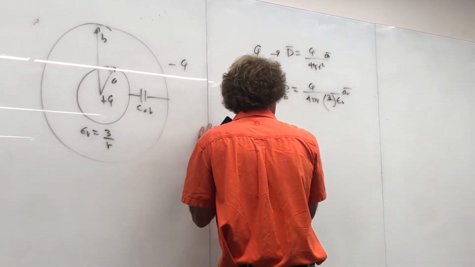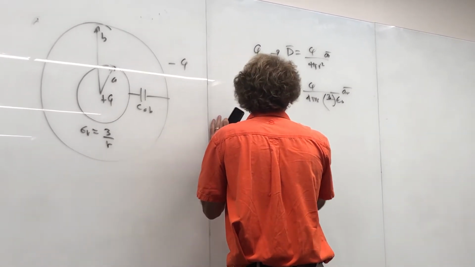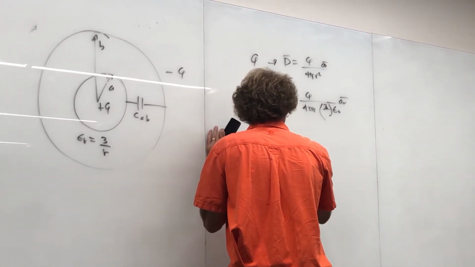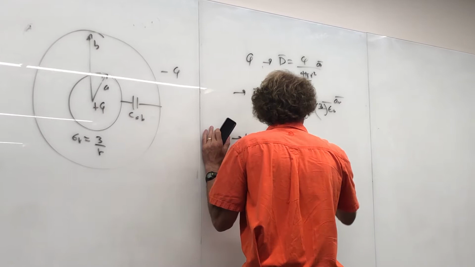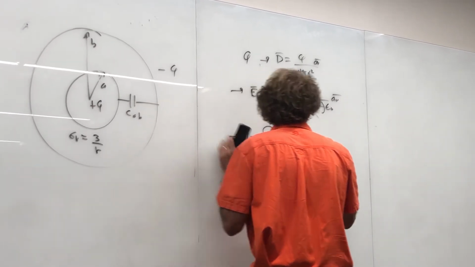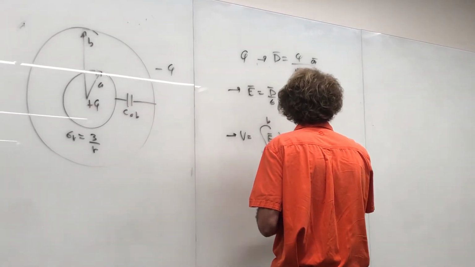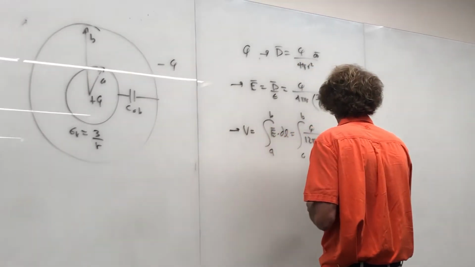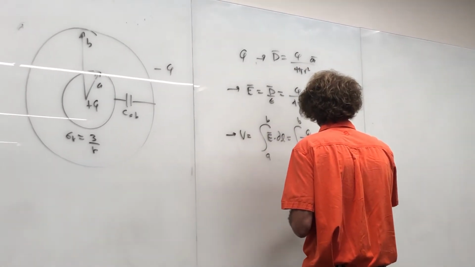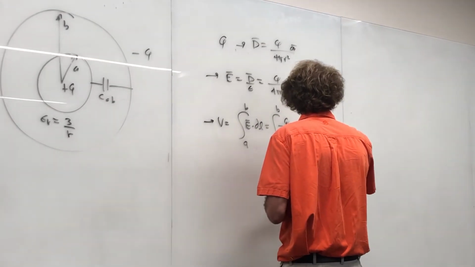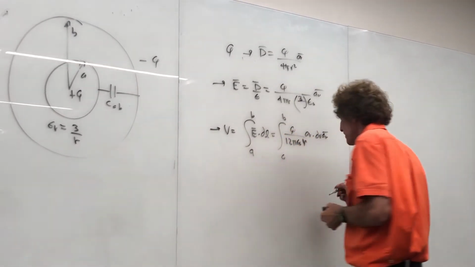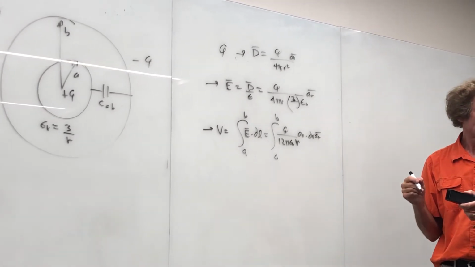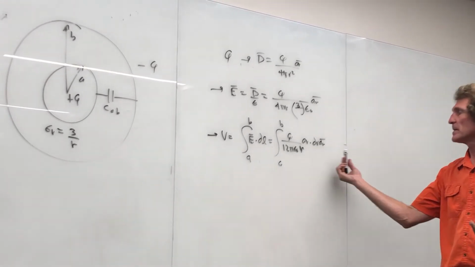And to get the voltage, and it's going to be strictly positive, I know that, it's the integral from A to B of E dot dl, which is the integral from A to B of Q over 12 pi epsilon naught R AR dot dr AR, that's dl. Agreed? Right?